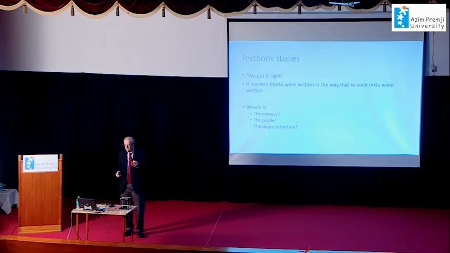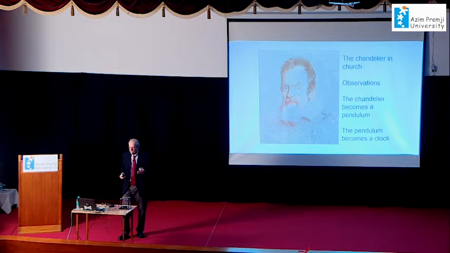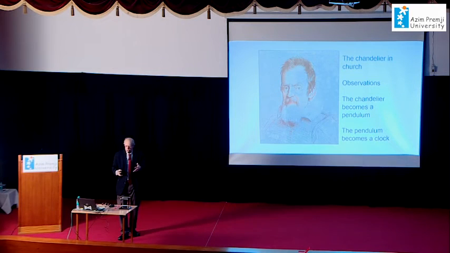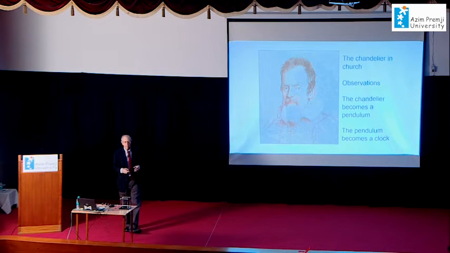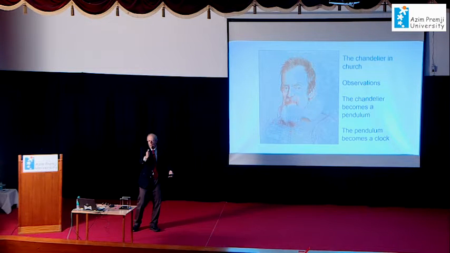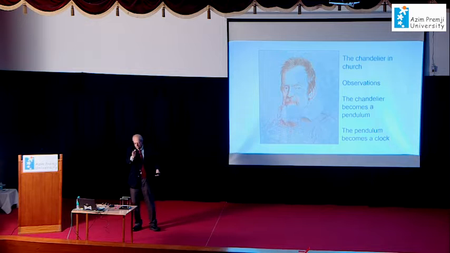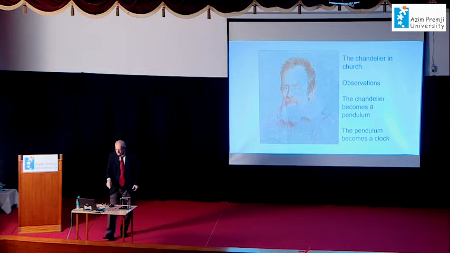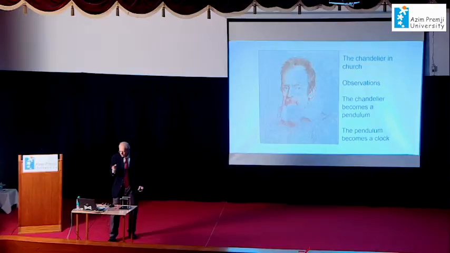We want to have the tension, the puzzle, and the drama. So here's Galileo. Galileo, the story goes, was in church, bored or whatever, and the chandelier was moving back and forth ever so slightly. And he decided to observe that pendulum moving back and forth.